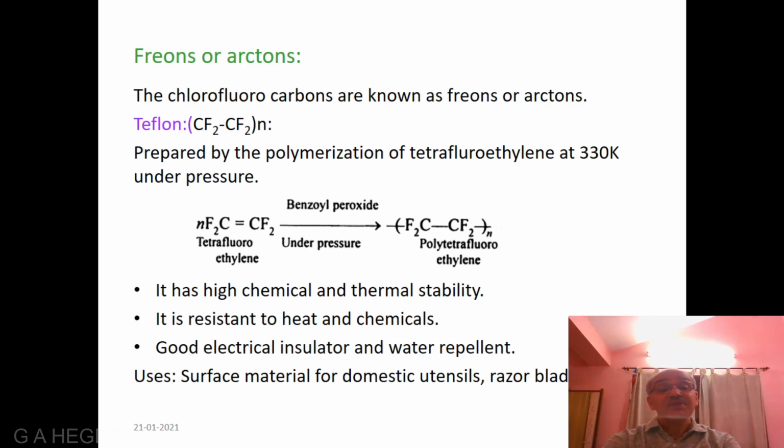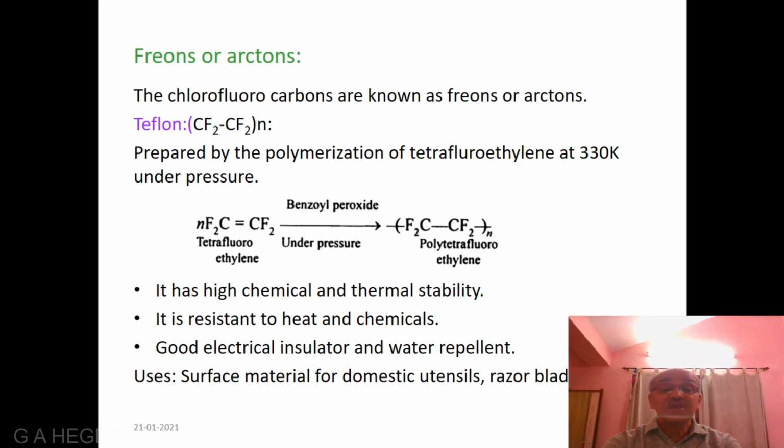N number of tetrafluoroethylene undergoes polymerization under pressure in presence of benzoyl peroxide catalyst to form polytetrafluoroethylene, commercially known as Teflon.